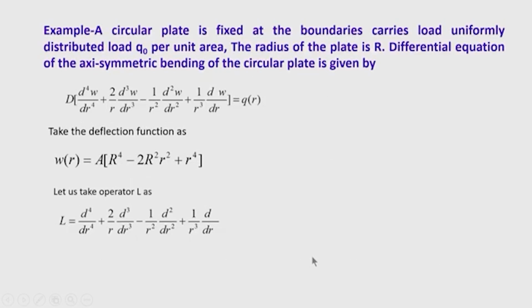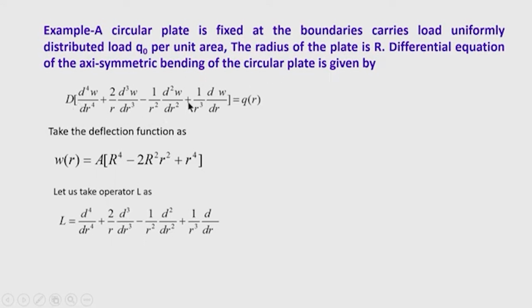Okay. Now, a circular plate is fixed at the boundaries, carries load uniformly distributed over the area. The radius of the plate is R, and the differential equation of the axisymmetrical bending of the circular plate is given by this.